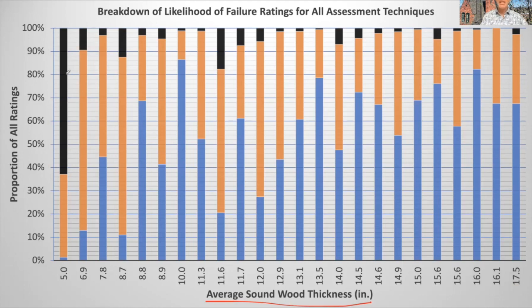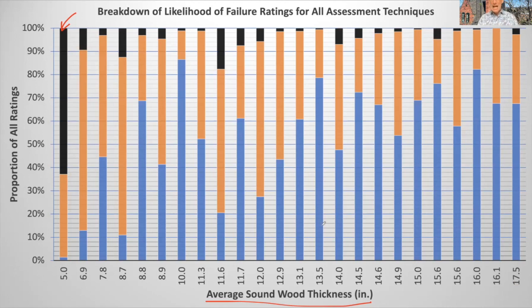But the color scheme is exactly like it was in the previous slides. What you're again looking for is the size of the black, orange, and blue in each of these columns, because that reflects the proportion of probable for black, possible for orange, and improbable for the blue.